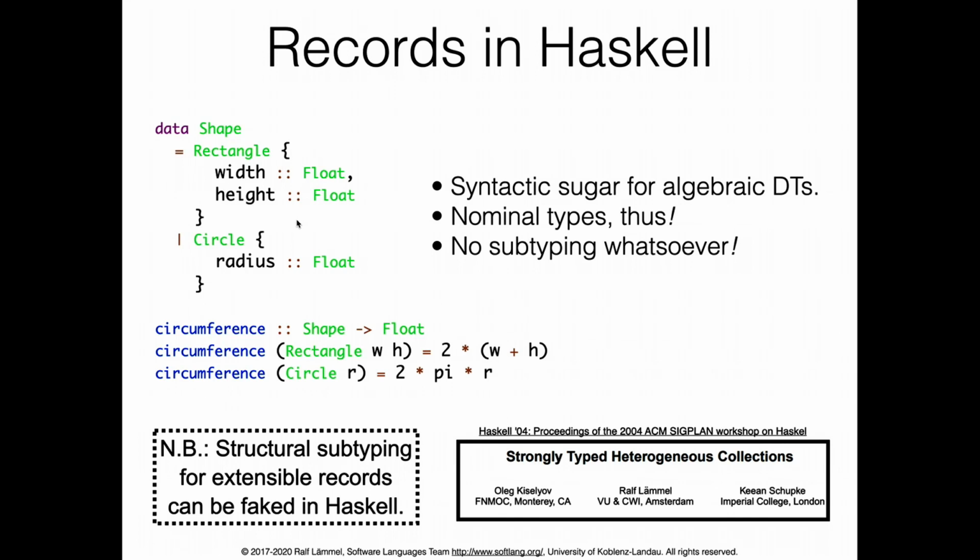And because it is an algebraic data type, it's a new type, so we have a nominal type here. This is not just defining type structure, we really have a new type, Shape. So there would also be no way here with this sort of syntax to define subtyping for such types.